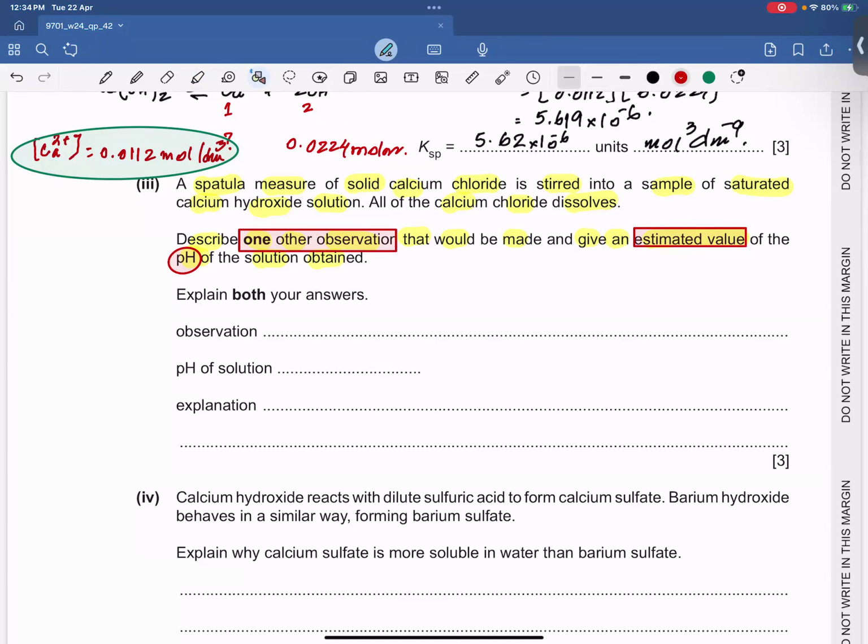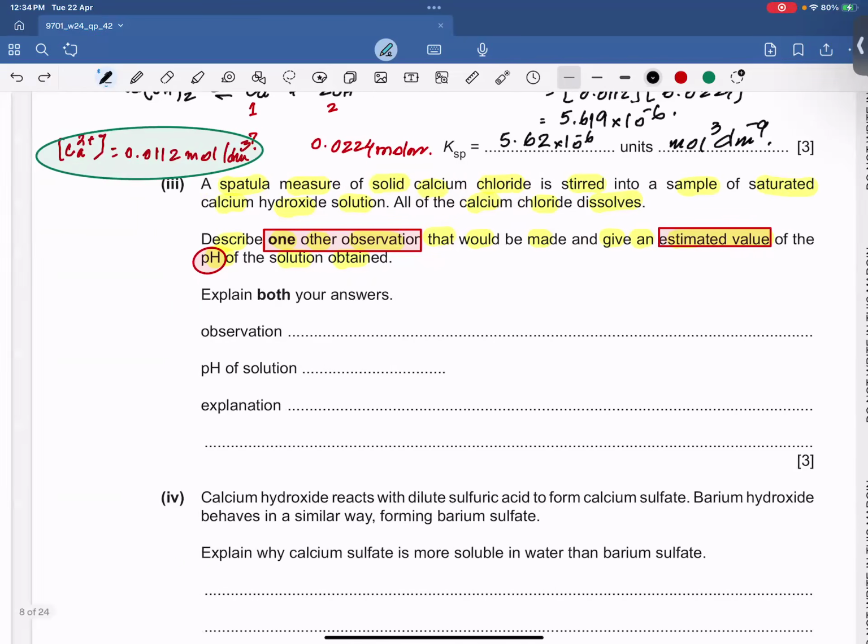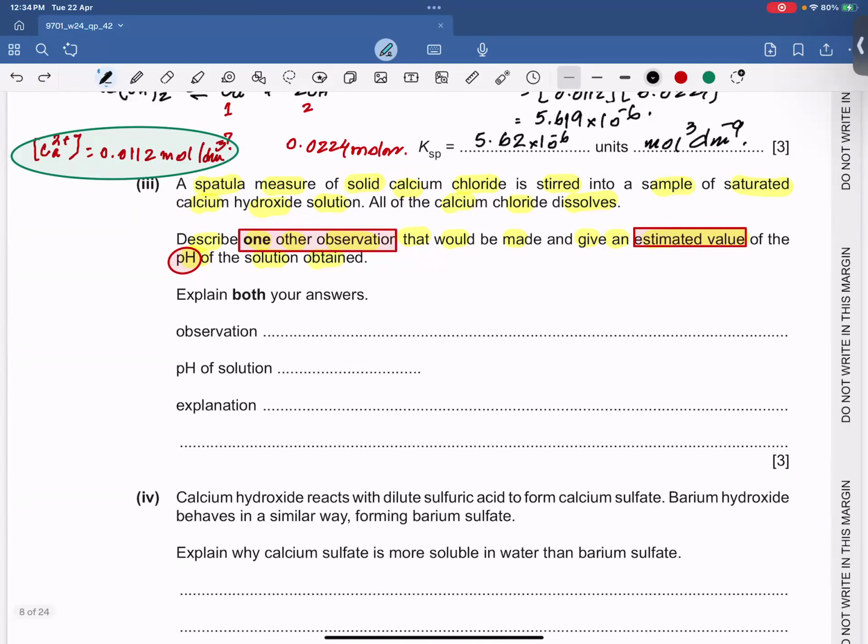What's happening here actually? Let me draw a beaker here. We have calcium ions and hydroxide ions because it is a saturated solution of calcium hydroxide.